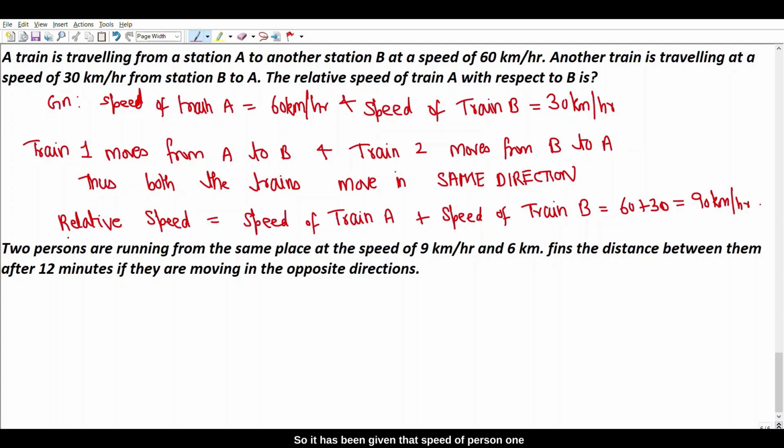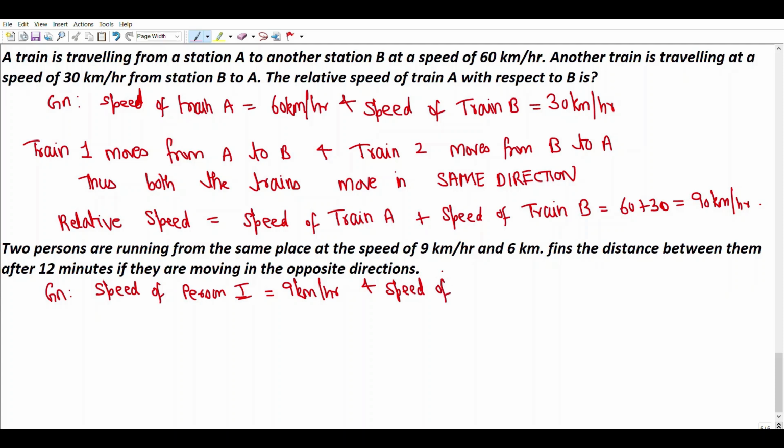So it has been given that speed of person 1 is equal to 9 km per hour and speed of person 2 is equal to 6 km per hour.